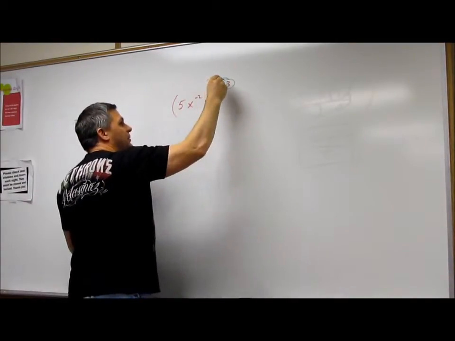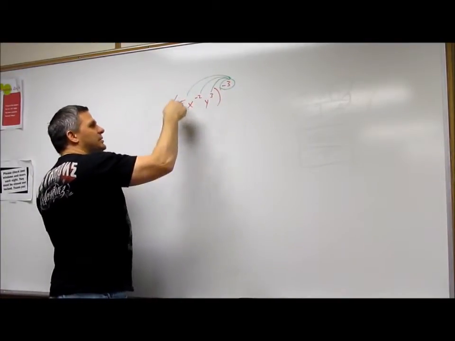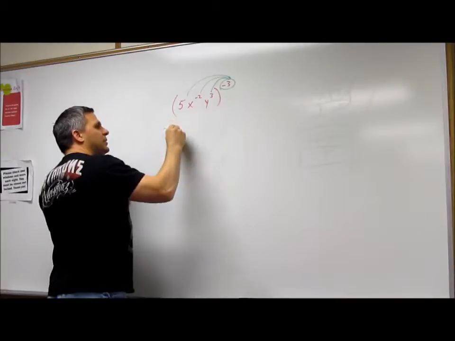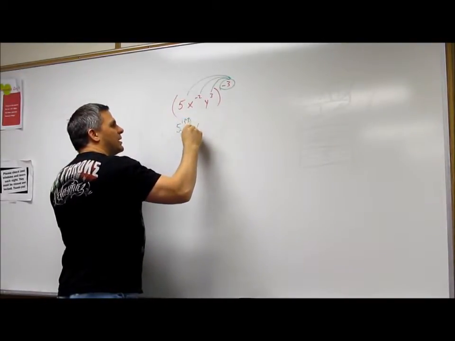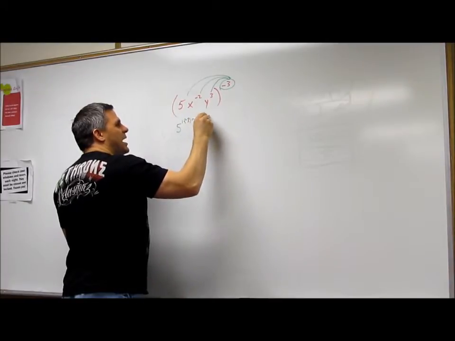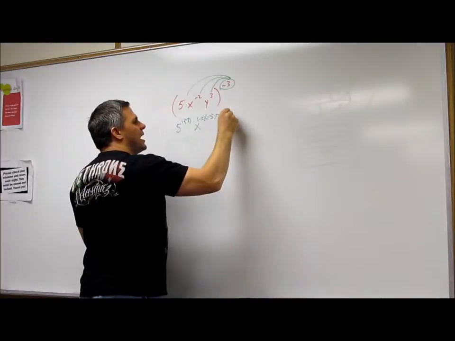Bring this through to each one. Don't forget the number. There's a hidden 1 up here. So it's really 5 to the 1 times negative 3. X to the negative 2 times negative 3. And y to the 3 times negative 3.